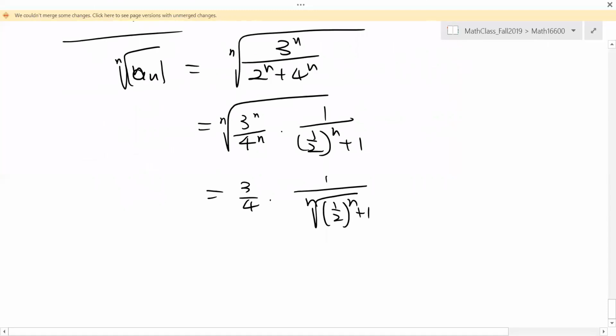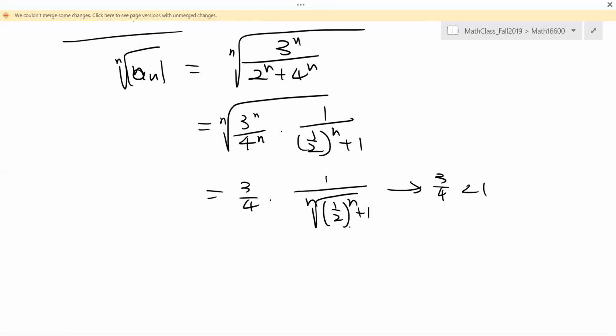Now you have to tell me this numerator and denominator converge to 1. This converges to 3/4, which is less than 1. And why this converges, we have not given you a proof, right? Because we never told you this. You can just assume this is 1.